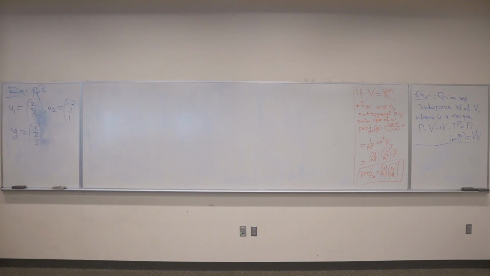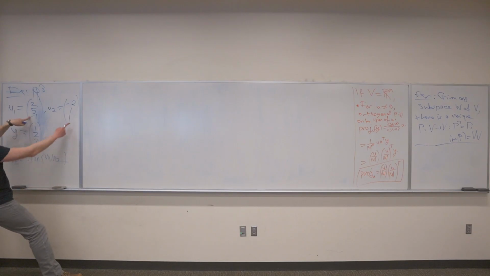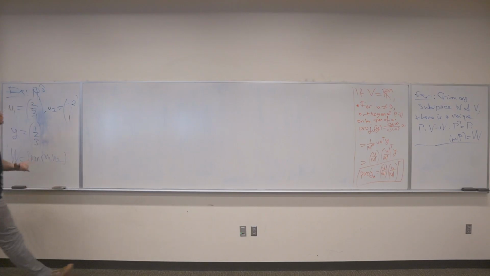The point was, we looked at the span of these two vectors. That's a 2D subspace, because these are linearly independent. These are not proportional. Whenever you have two vectors that are not proportional, that means they're linearly independent.